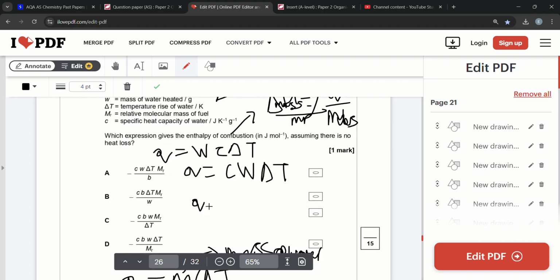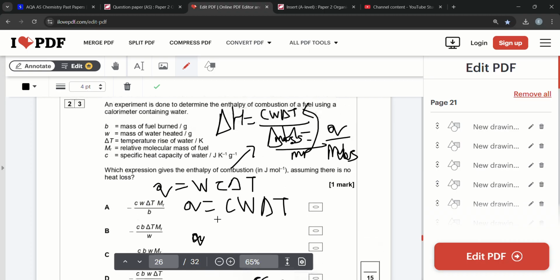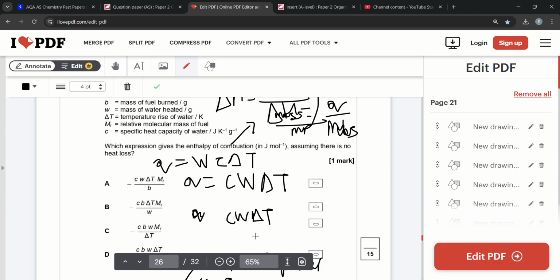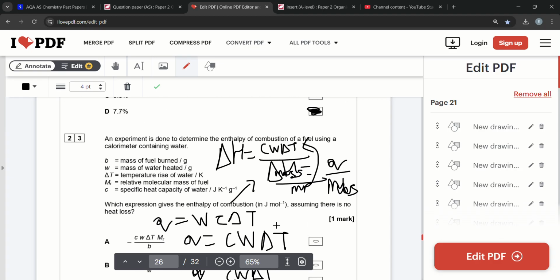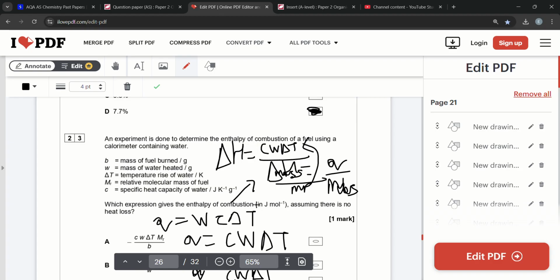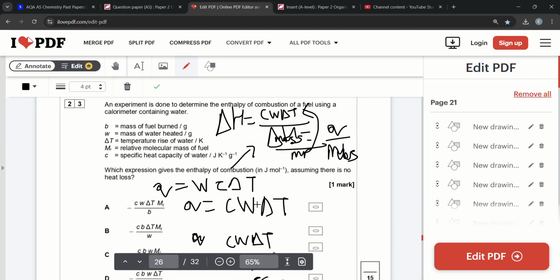So delta H actually is going to be CW delta T divided by mass. And mass is W.